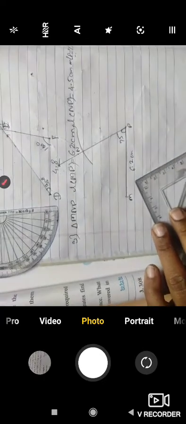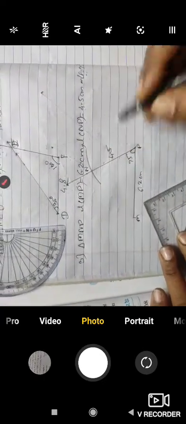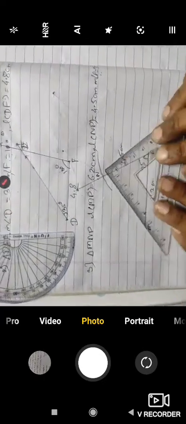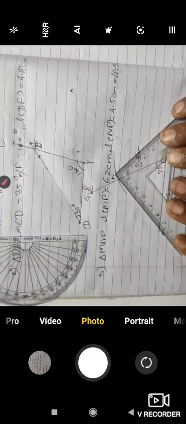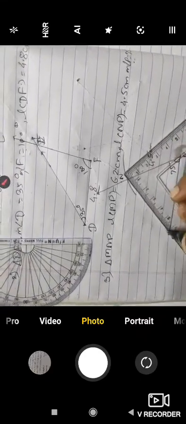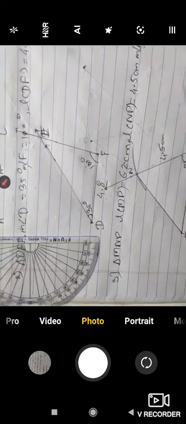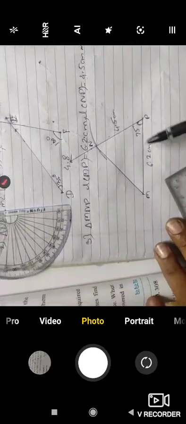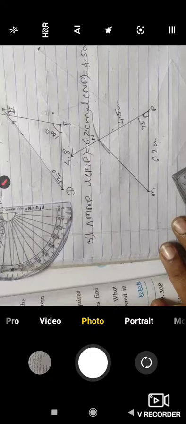This is my point N. The measure of this is 4.5 centimeter, and now we have to join M and N. In this way we draw the triangle when the included angle and two sides are given to us.